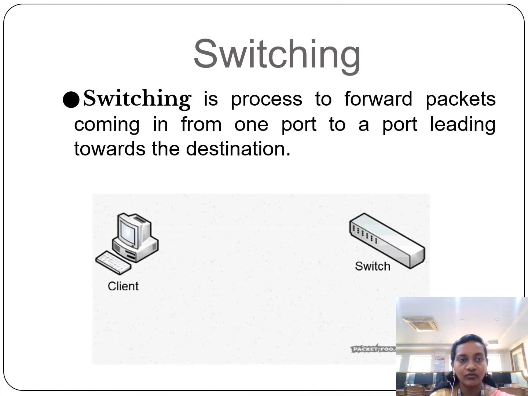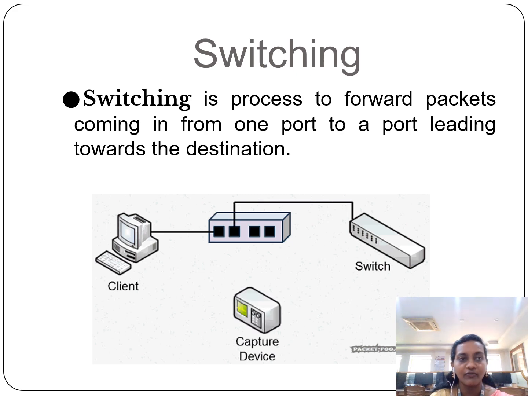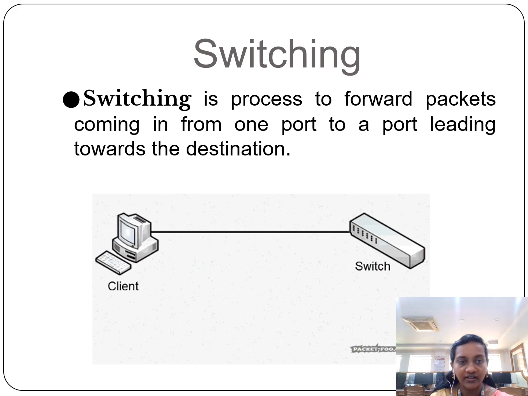Next we will go on to what switching is. Switching is a process to forward packets coming from one port to another towards the destination. For example, consider this is a client, that is a sender. This is a switch and this is a capture device.